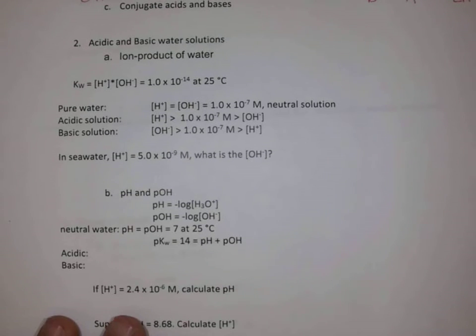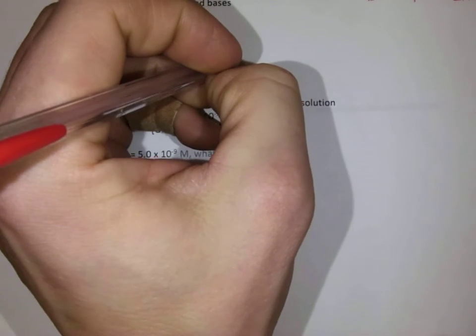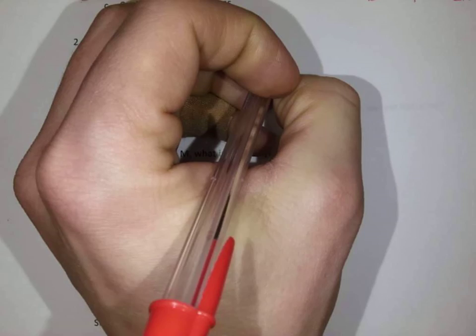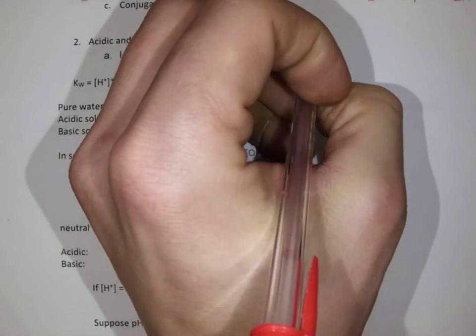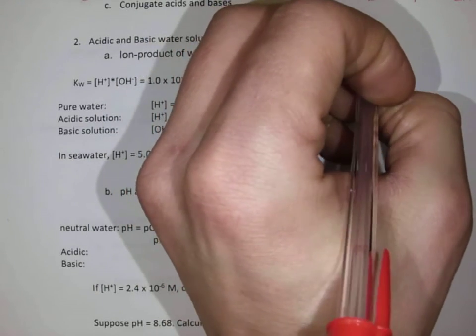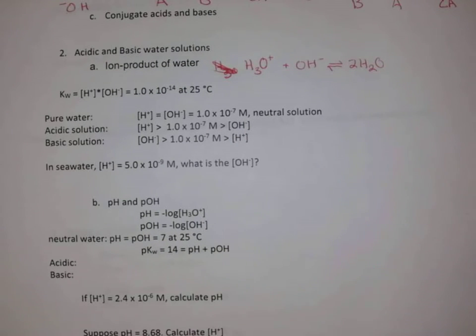So then if we start talking about acids and bases in water, it turns out that water is in equilibrium here with acids and bases. So if we think of H3O plus and OH minus in equilibrium with two H2Os, that is our equilibrium with acids and bases in water.